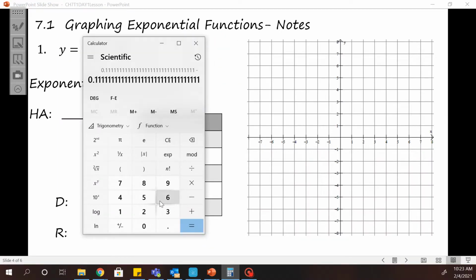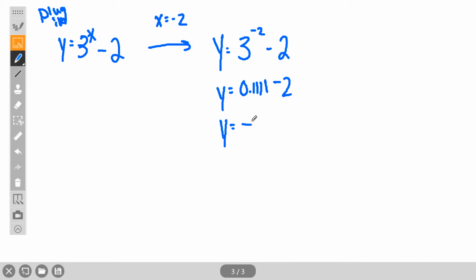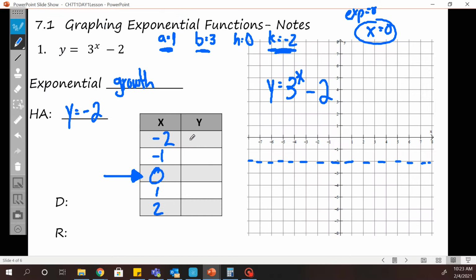So I'll subtract 2, which gives -1.8 repeating. So that will be the first value in my table. Right here, -2, -1.8. I'll just leave it like that because it doesn't have to be perfect.